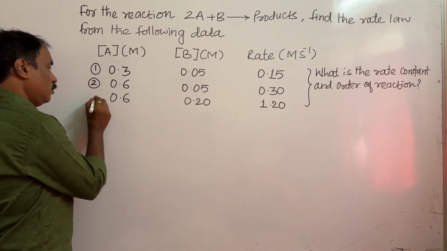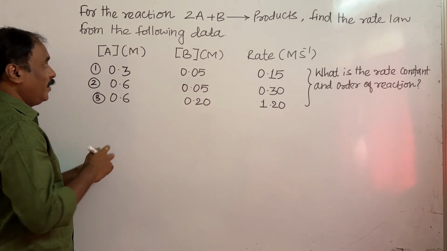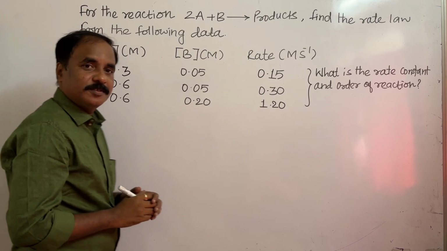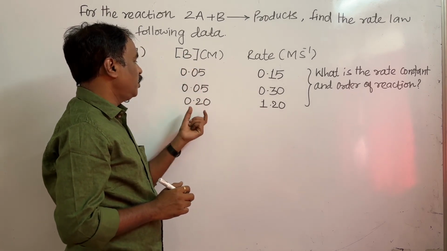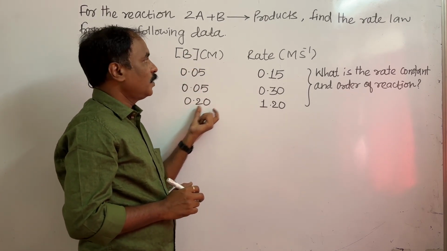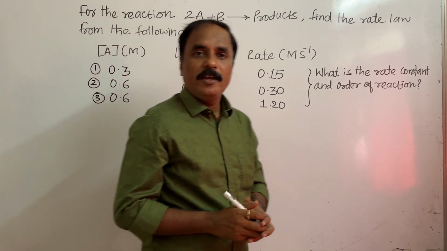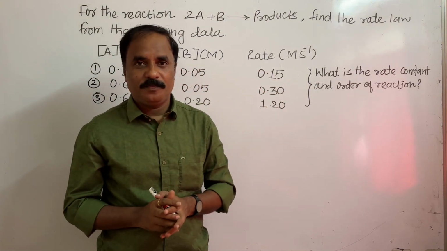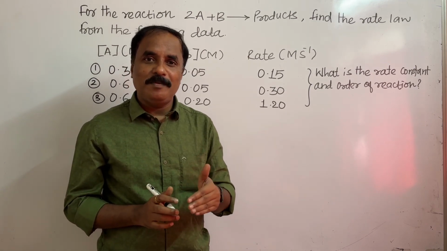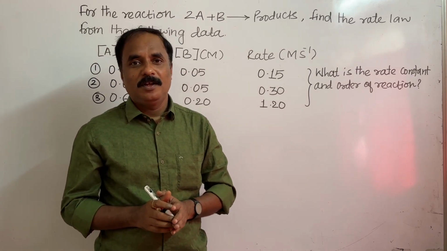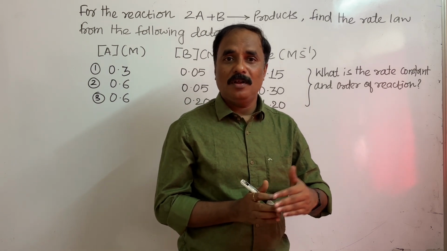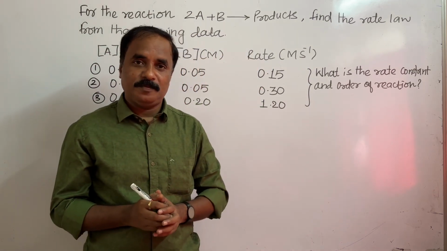Third observation: when the concentration of A is 0.6, the concentration of B is 0.20, and the rate of reaction is 1.20 molar per second. Here three experimental observations are given, and from these we have to find out the rate law and order of reaction.